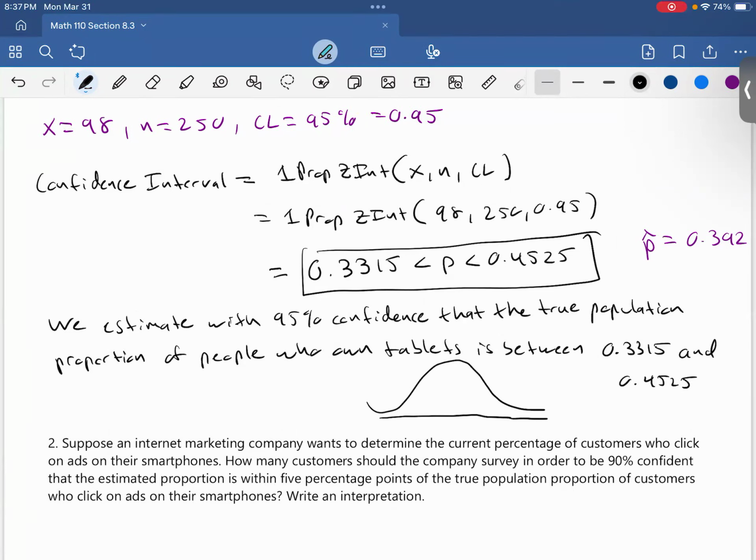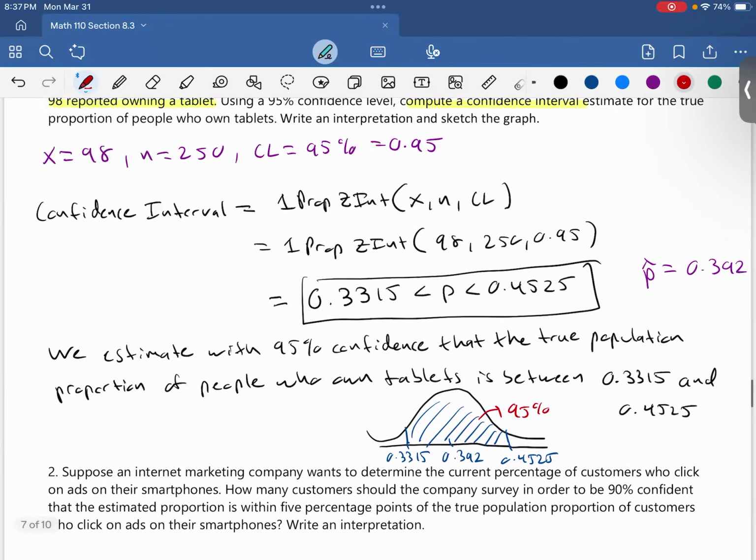And that p hat is in the middle, so 0.392. And my confidence interval is 0.3315 and 0.4525. Let's go ahead and just shade that in. Then we're going to annotate that this is 95% confidence. Okay, so that's number one.